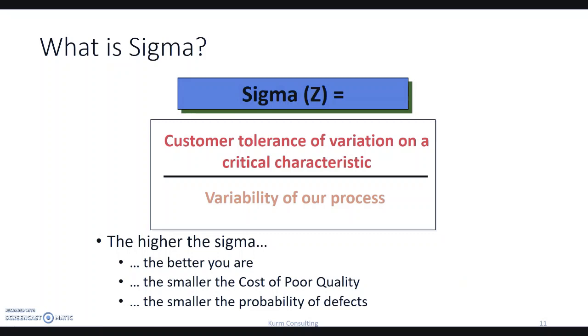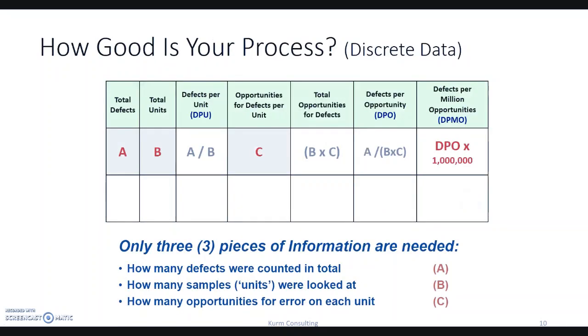If you have a 6 sigma process, well, that's a pretty good process. If you have a 1 sigma process, that's not a very good process. So sigma is also related to DPMO. So if you go back here, if we were to go and calculate the DPMO for a particular process, and we found that it was a 6 sigma process, meaning it's a really good process, well, the DPMO, or the defects per million opportunity of a 6 sigma process, is 3.4.